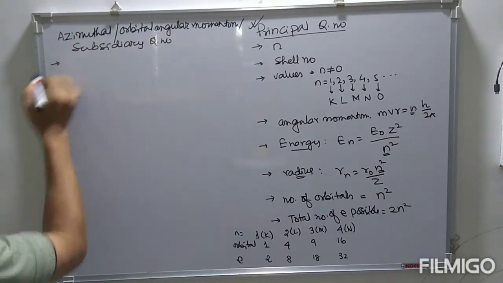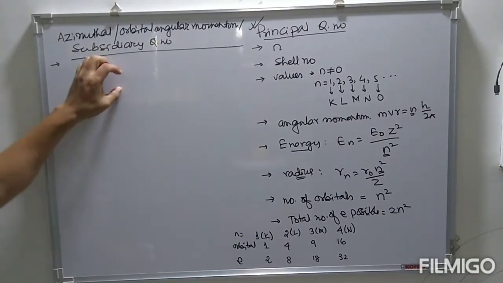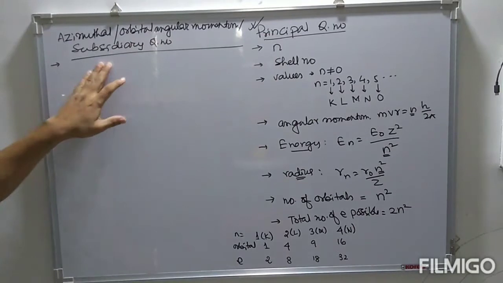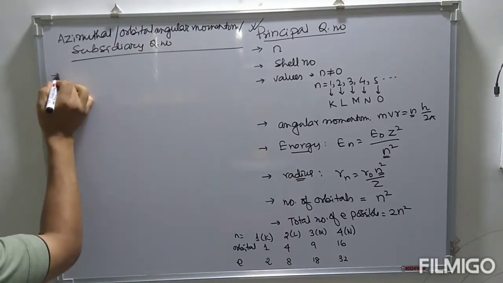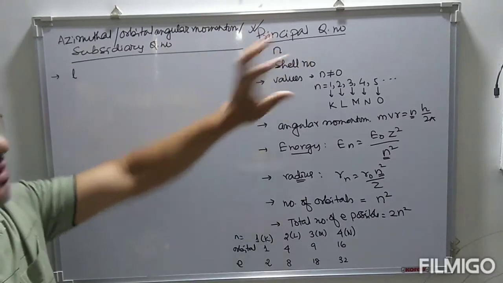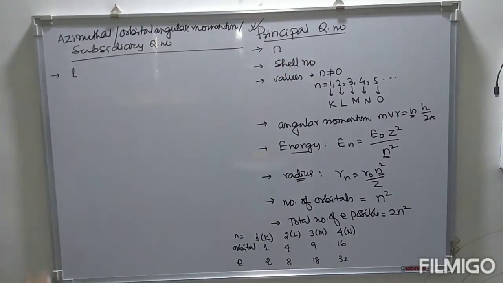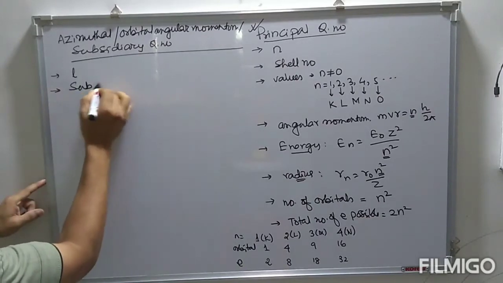They all mean the same thing. This is given by the value l. So small l represents the azimuthal quantum number. Now this l represents the subshell.